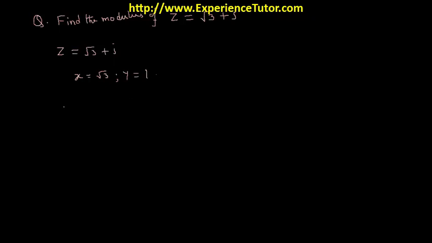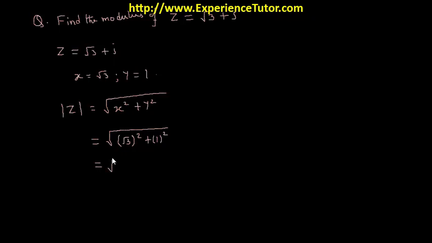Therefore modulus z, using the formula, is the square root of x squared plus y squared, which is the square root of root 3 squared plus 1 squared, which gives 3 plus 1, which is root 4, and which is equal to 2.